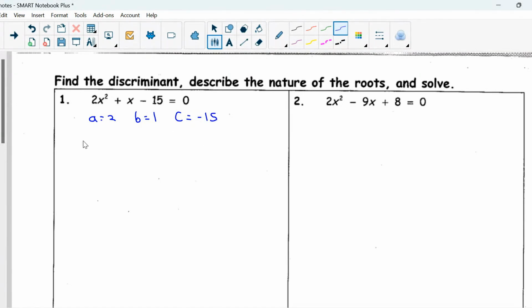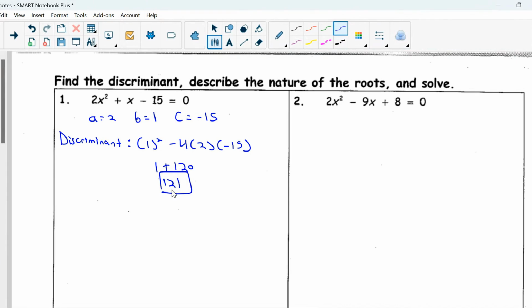So for the discriminant, we would have b squared, we'd have 1 squared minus 4ac. Okay, so just that small portion of your quadratic formula. So that gives us 1 plus 120, which ultimately gives you 121.